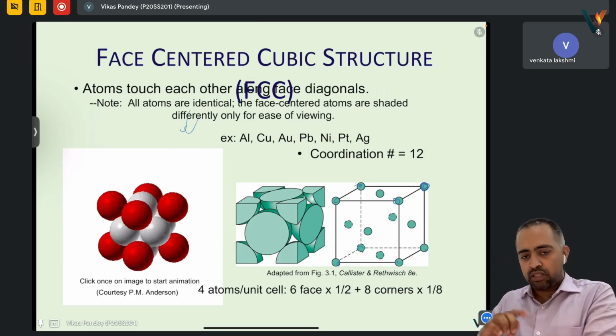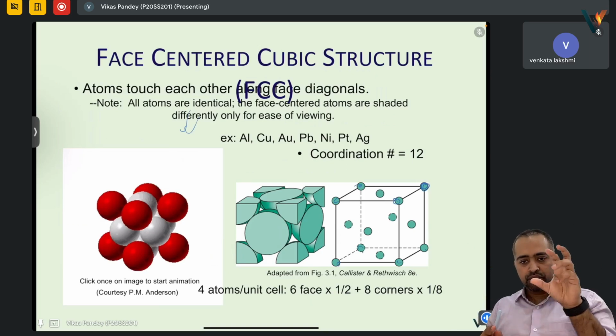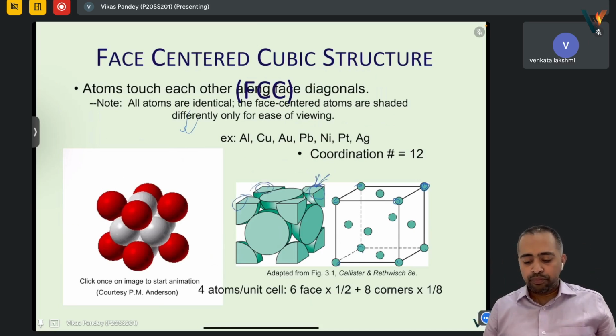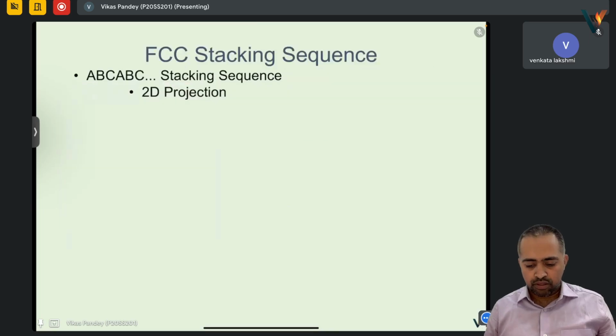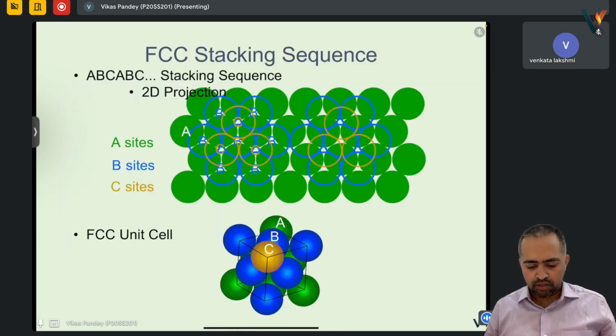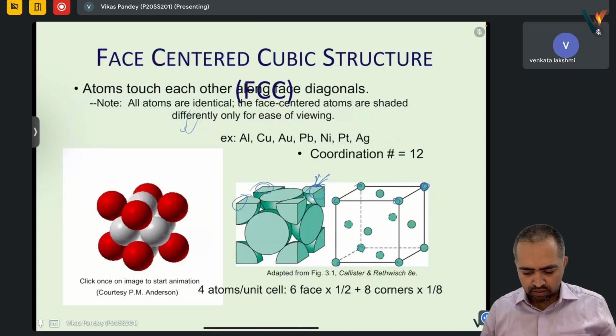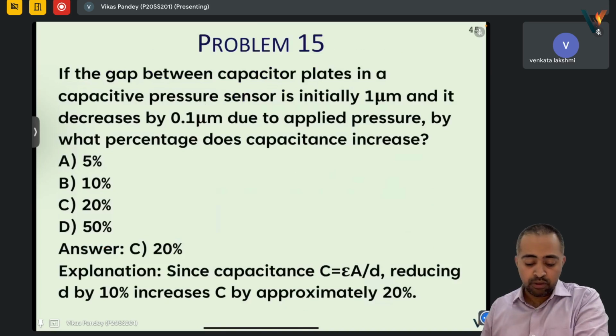So if we cut out a single lattice, it will look like this, right? Corners. Now, if we see all, there was one plane.